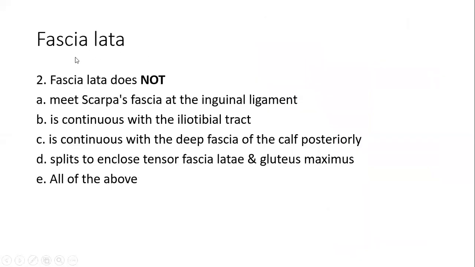Next question is related with the fascia lata. The question reads, fascia lata does not. Now, you have to pick up the incorrect option or false option. How are you going to crack down this MCQ?